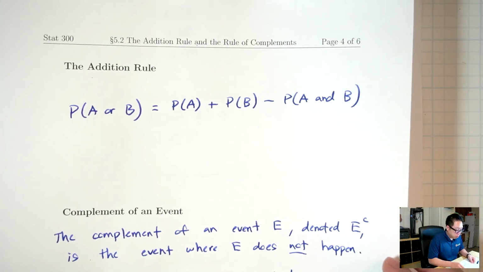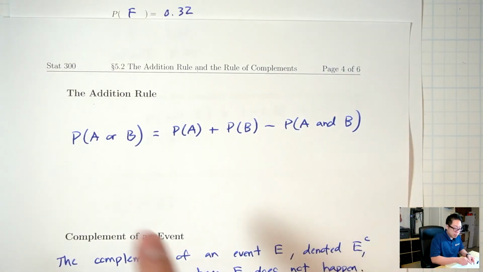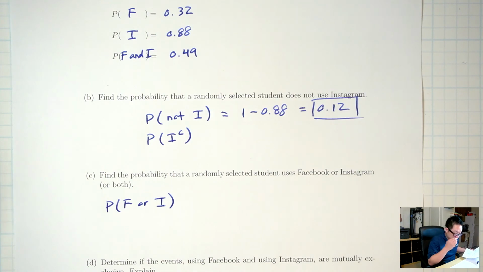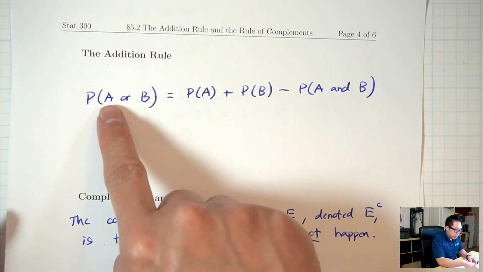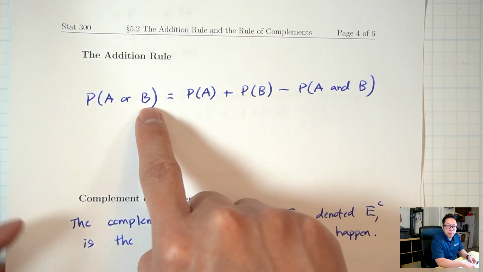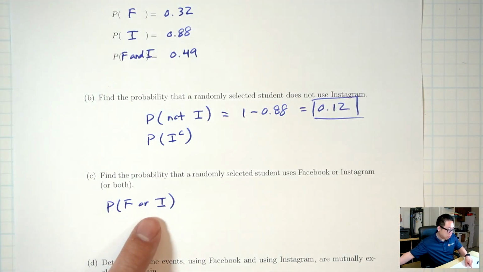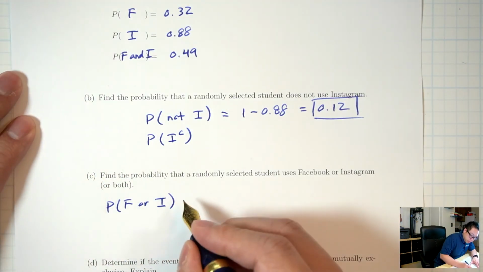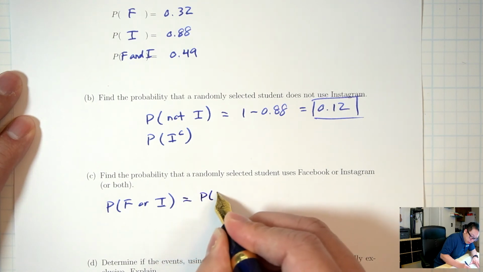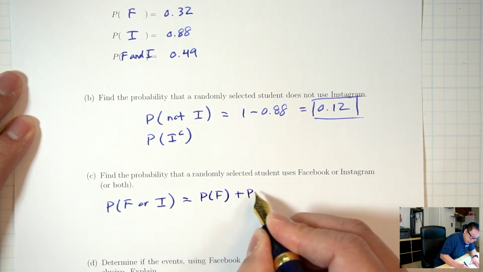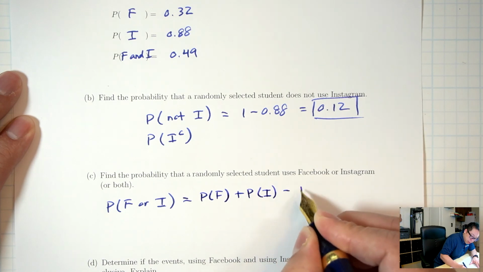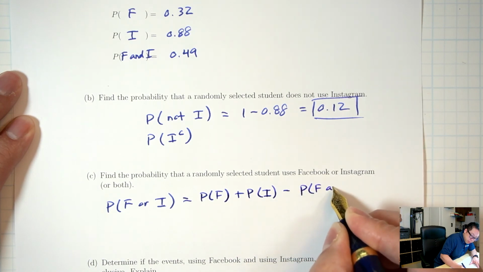So I'm going to rewrite the formula, replacing A's and B's with whatever letters we're using here. We're using F's and I's. So I'm going to replace the A's with F's and the B's with I's. So I'm going to get P of F or I is equal to P of F plus P of I minus P of F and I.